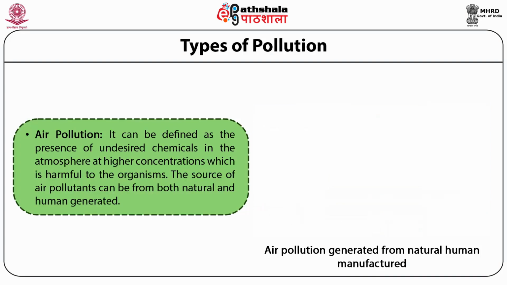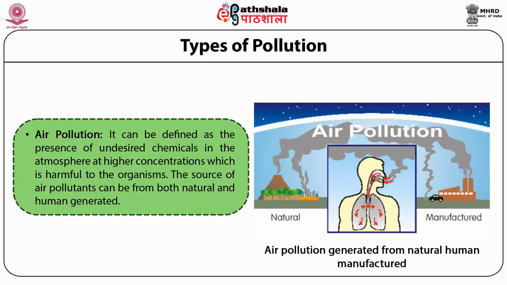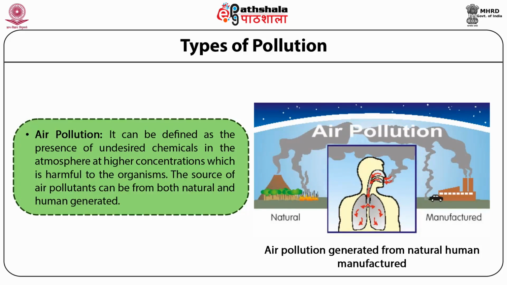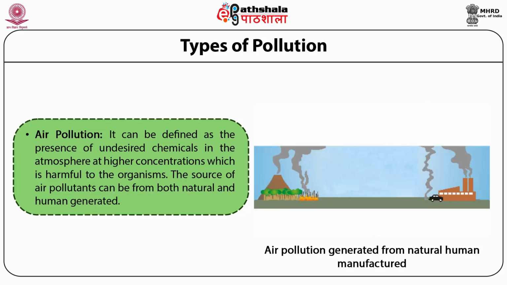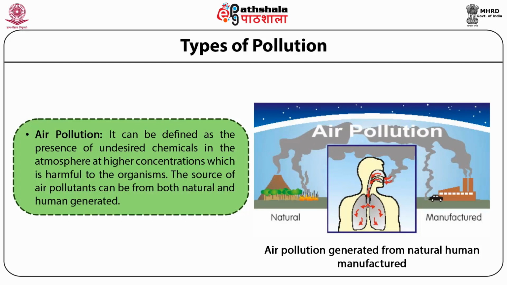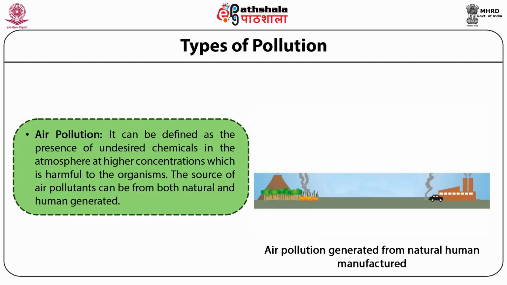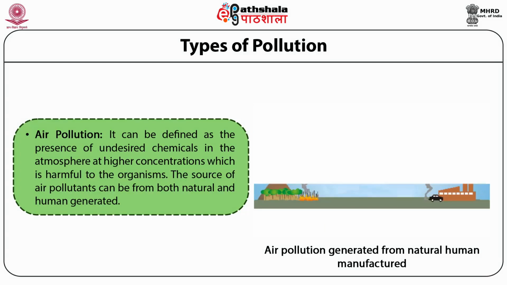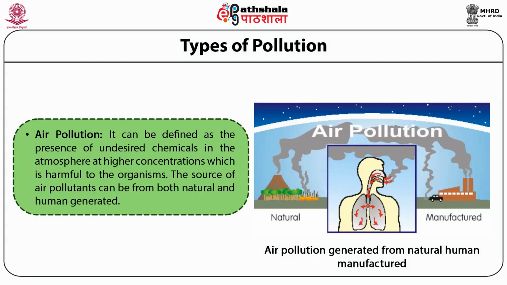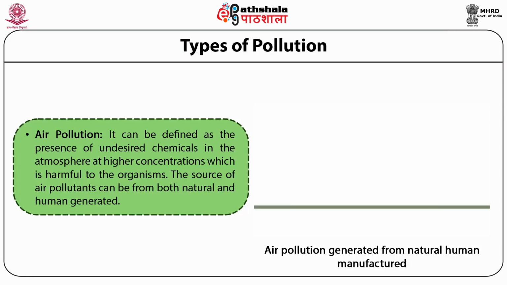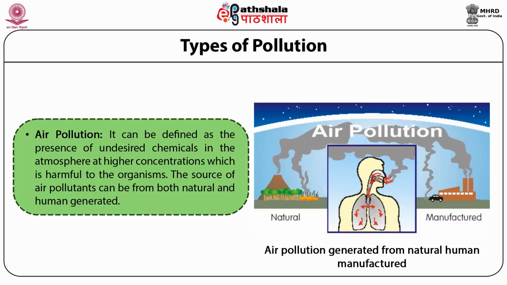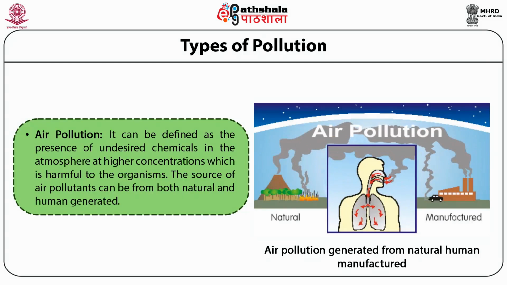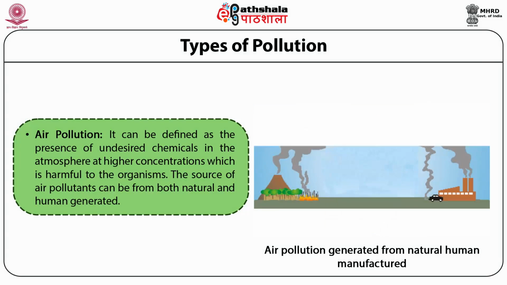Natural sources consist of dust, forest fires, volcanic eruption, etc. Air pollution generated from human activities is not new, but it started since the discovery of fire. But the situation became much more alarming when humans started extracting and burning coal. Most outdoor pollutants are released into the atmosphere from the burning of fossil fuels in industries and vehicles.